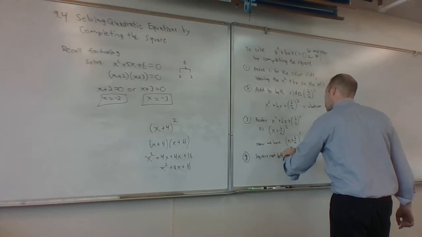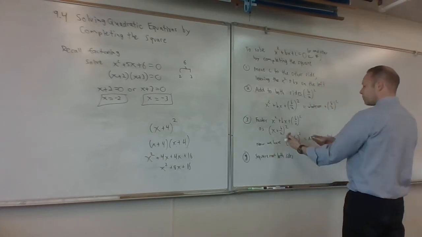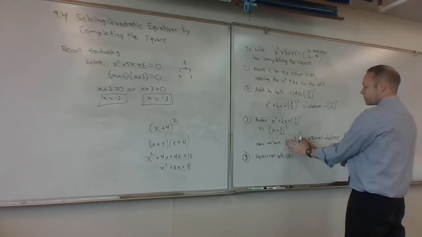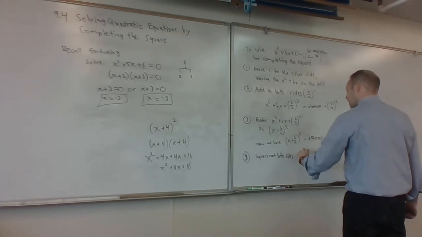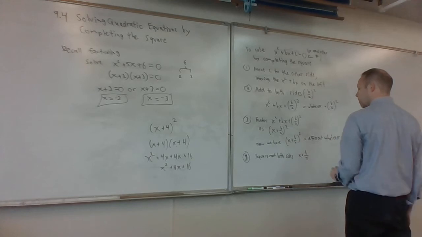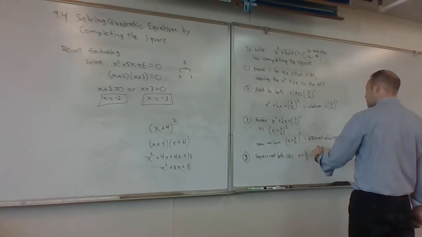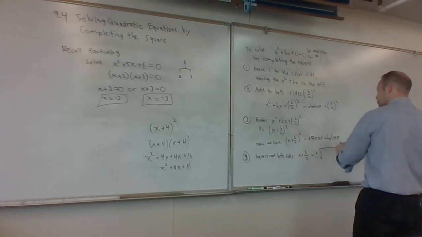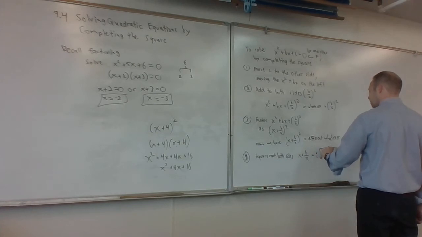So when we square root this thing squared, we're just left with the x plus b over 2 on the left-hand side. And the right-hand side is plus or minus the square root of our different whatever.